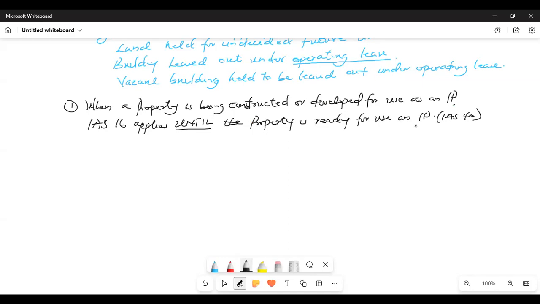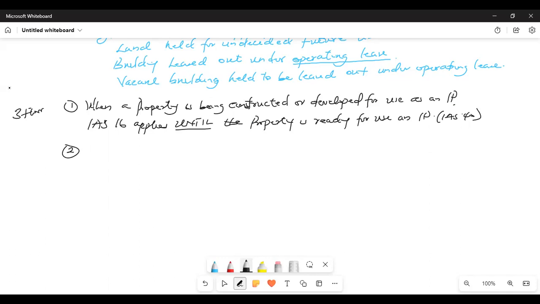Now, I want to ask you a question again, because we are going to look at if you have a property and let's say you have a story building. Let me make it more specific. You have a three-story building, three floors. You are using the top two for rentals, and the ground floor and the first floor for administrative purposes.